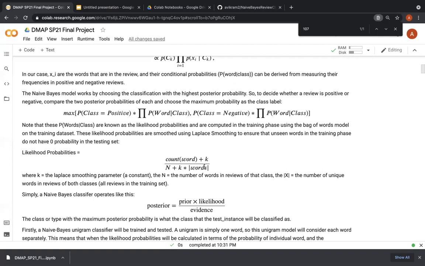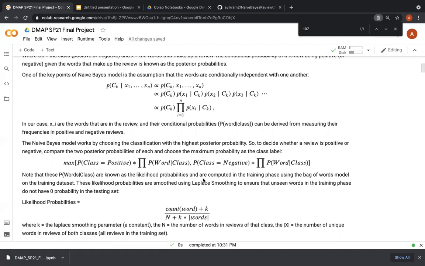The testing phase is when we're trying to classify each review, and that's when we calculate the posterior probabilities, right? When we calculate the posterior probability, we already have these likelihood probabilities from our training phase, and we can just take the product and multiply with the prior probability, which we also have from beforehand, and then we get the posterior probability, right?